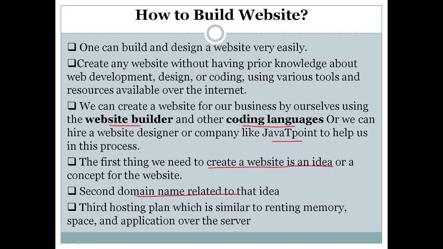So a domain name is simply the name for our website. This is the name by which a user accesses our website, or you can say this is the address at which our website is located, and using this address a user will access our website. For example, google.com is a domain name, and by using google.com we access the web pages located at that place.